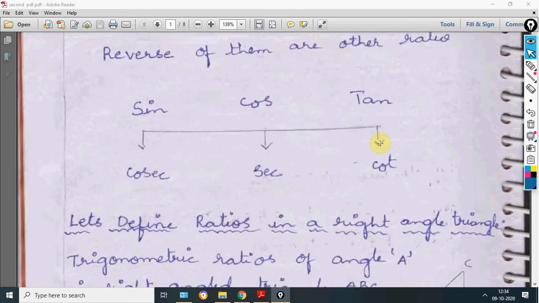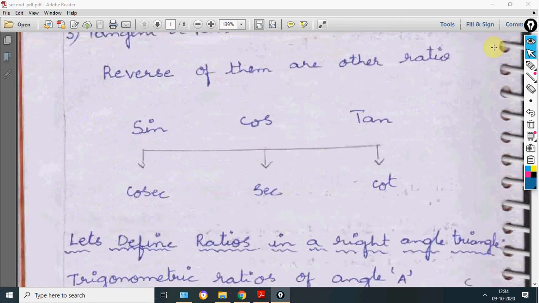Now the reverse of them are other ratios. What we have seen previously are three basic trigonometric ratios: sine, cos and tan. The reverse are other ratios. Sine reverse is cosecant, cos reverse is secant, tan reverse is cot.